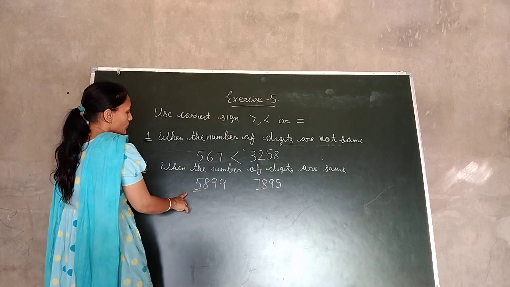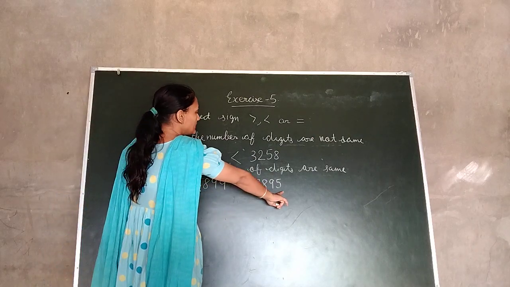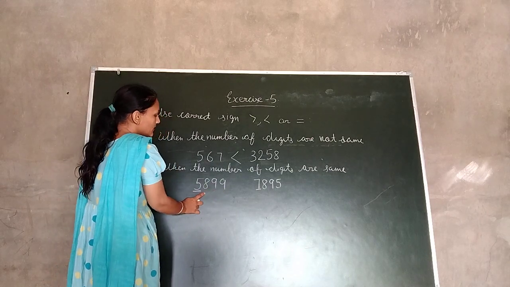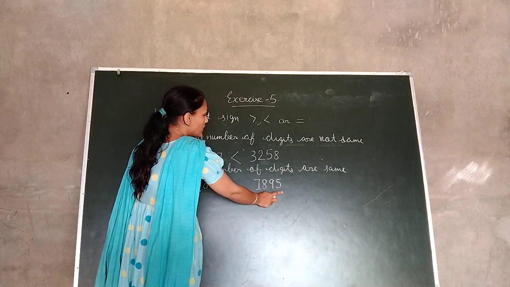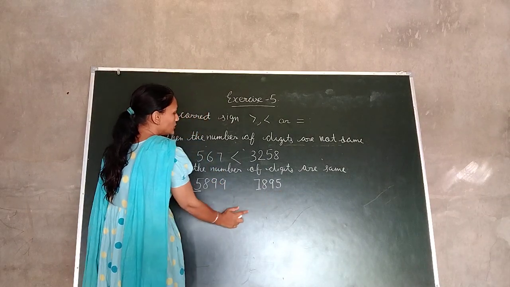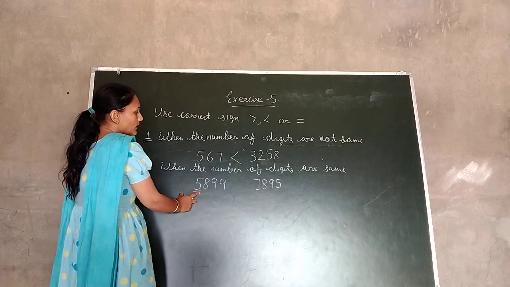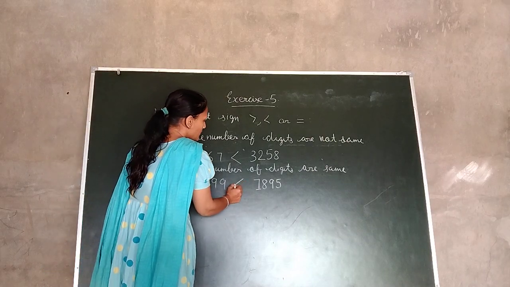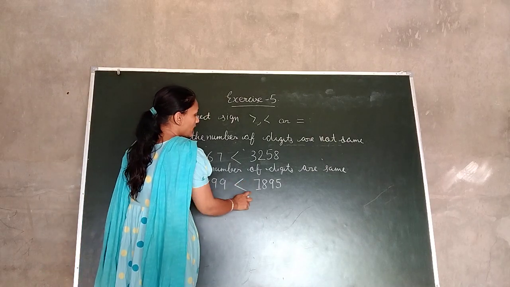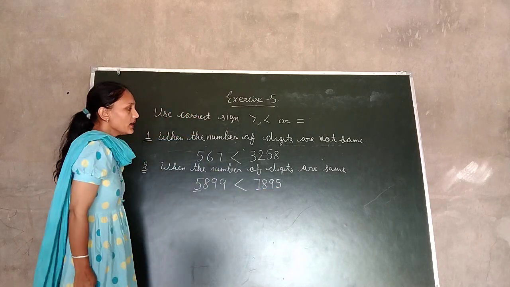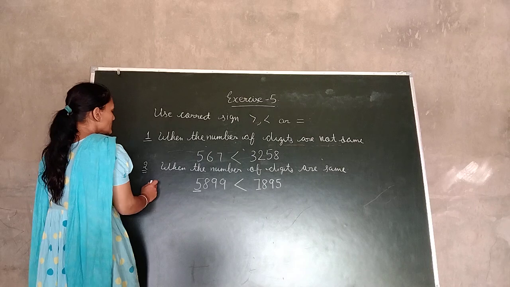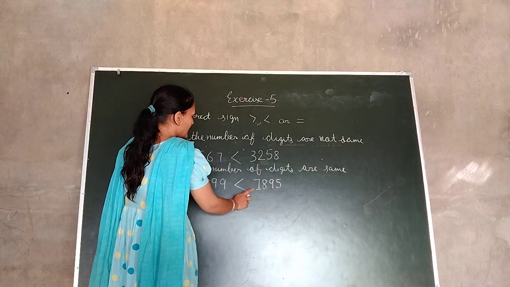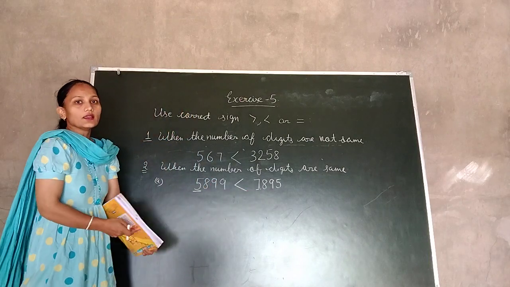So it means 5000 is less than 7000 because this digit is in thousand place. So this number 5899 is smaller than 7895. So first, here we have when the digits are different in thousand place.